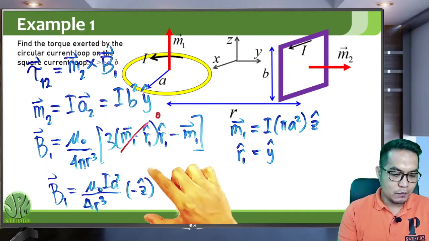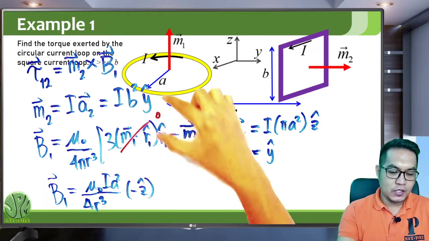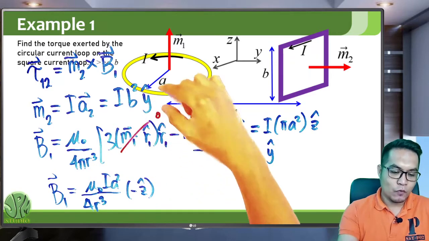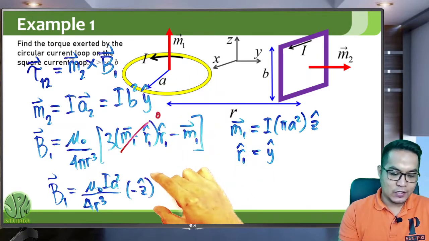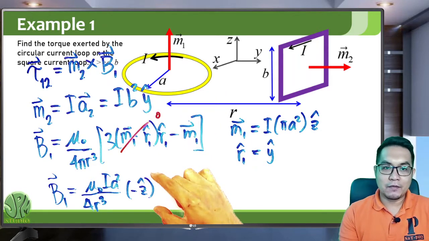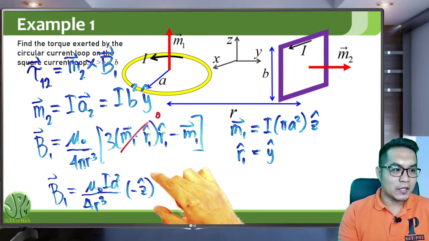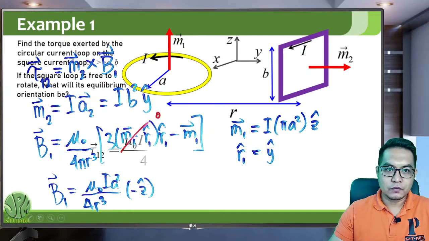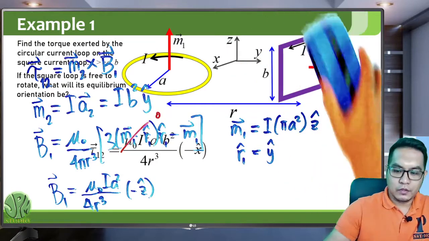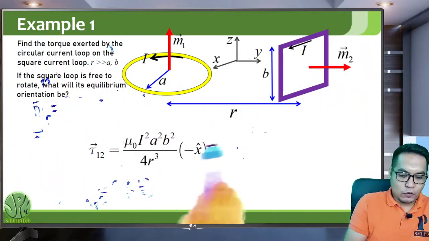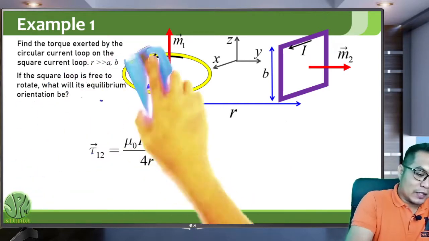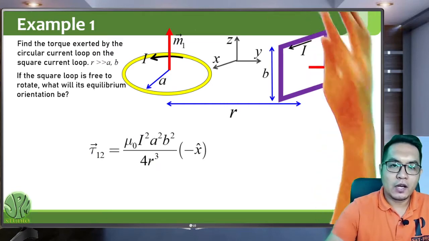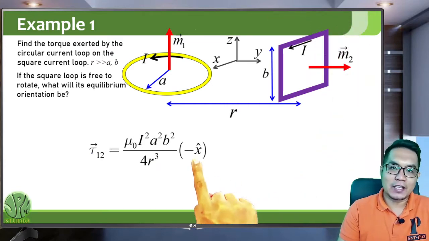So we will use this B1 and this m2. m2 cross B1: y hat cross negative z hat gives negative x hat. So the final result is this one. That is the torque exerted by the magnetic field of the circular loop on the square loop, in the negative x hat direction.